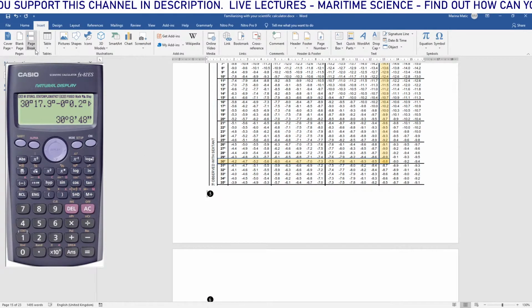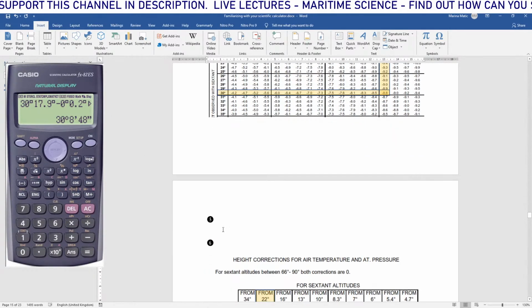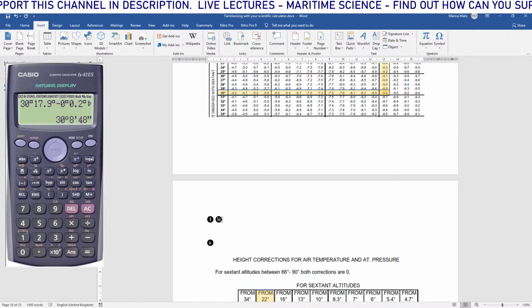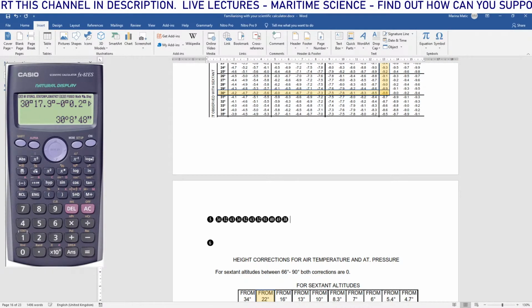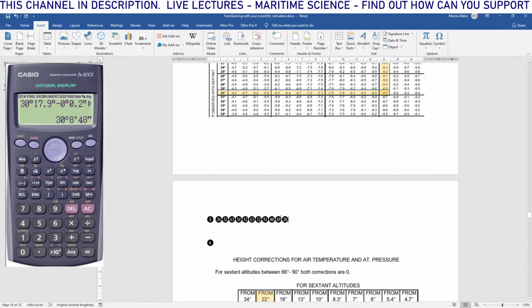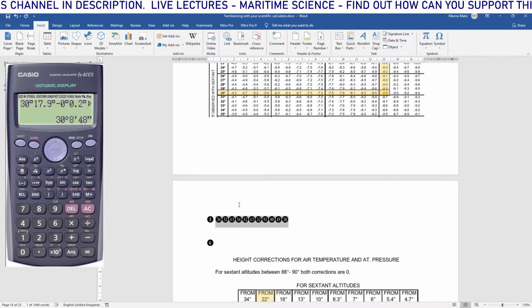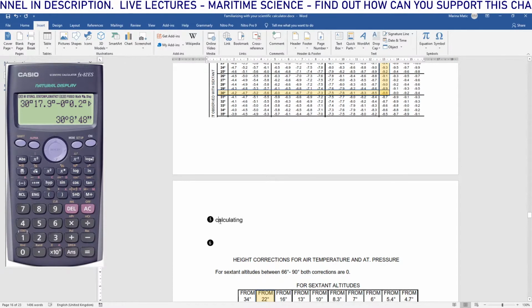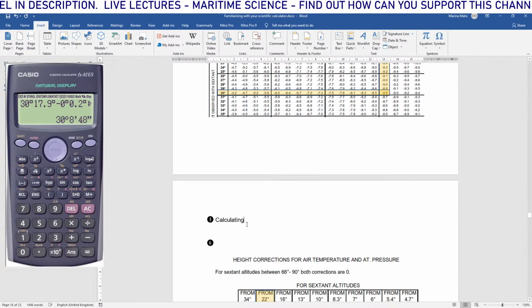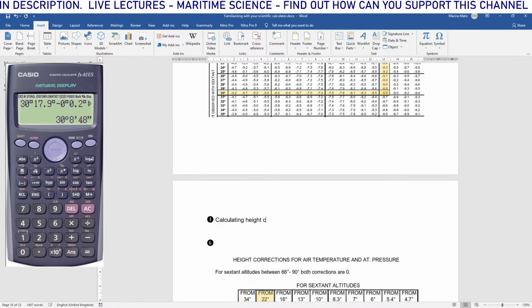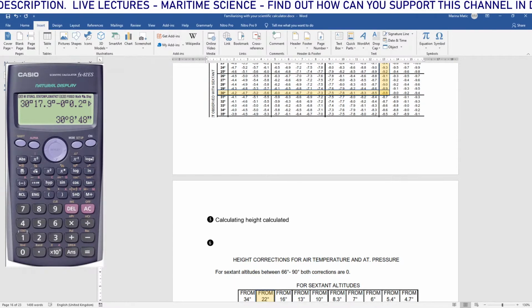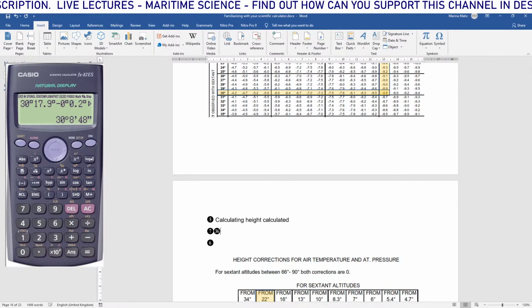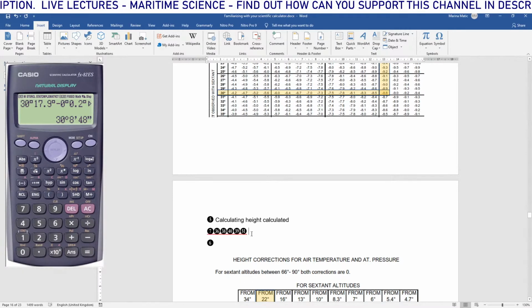And let's go to another page. Step 5, calculating. Height calculated. So what is height calculated?